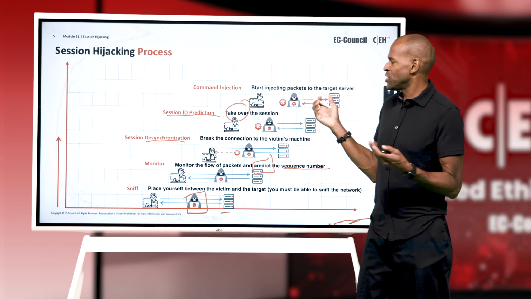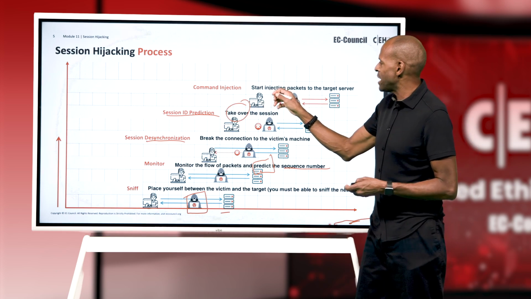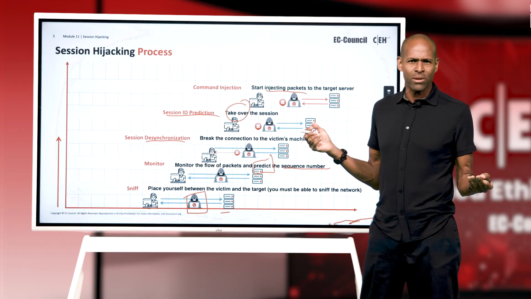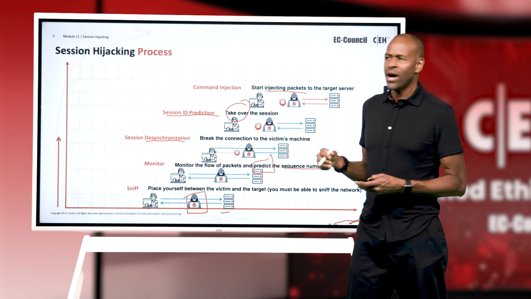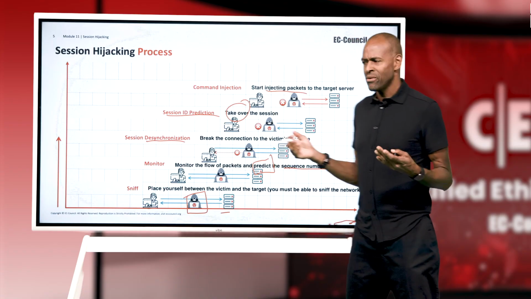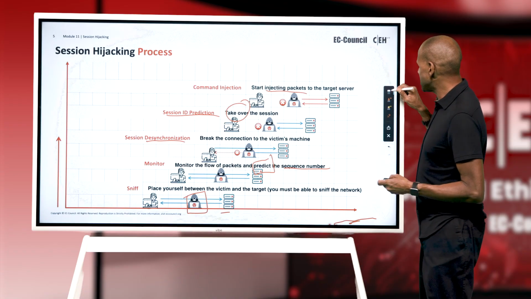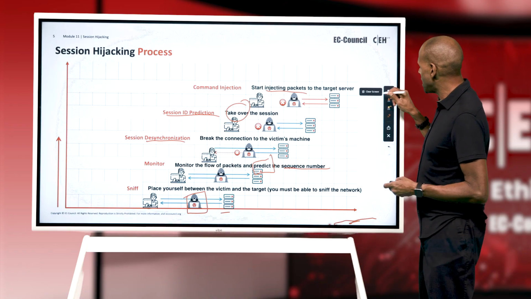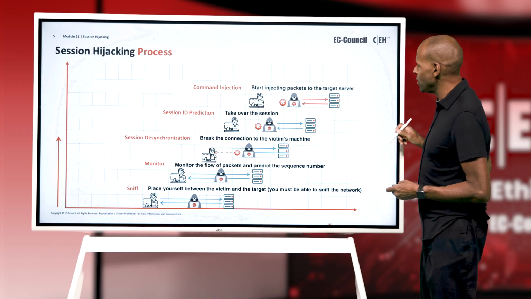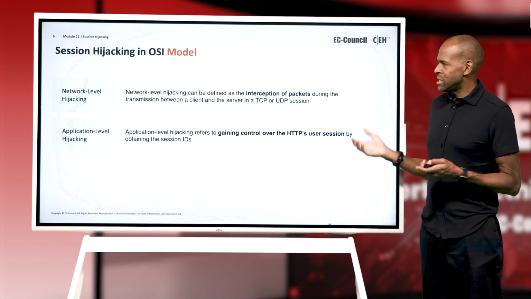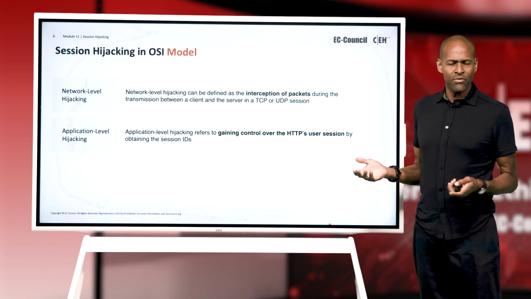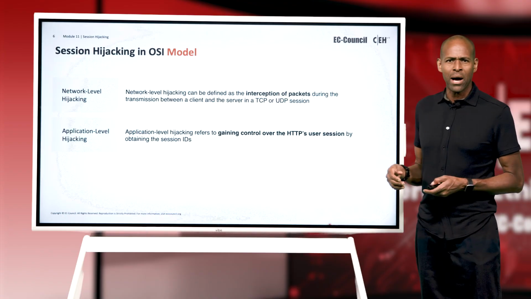And then what he's going to do with that session is start doing what? Injecting packets. What do I mean? Well, he does whatever he wants, depending on the level of takeover. And so that's the process that's happening with a session hijacking. So with session hijacking, it takes place at a couple different areas of the OSI model.